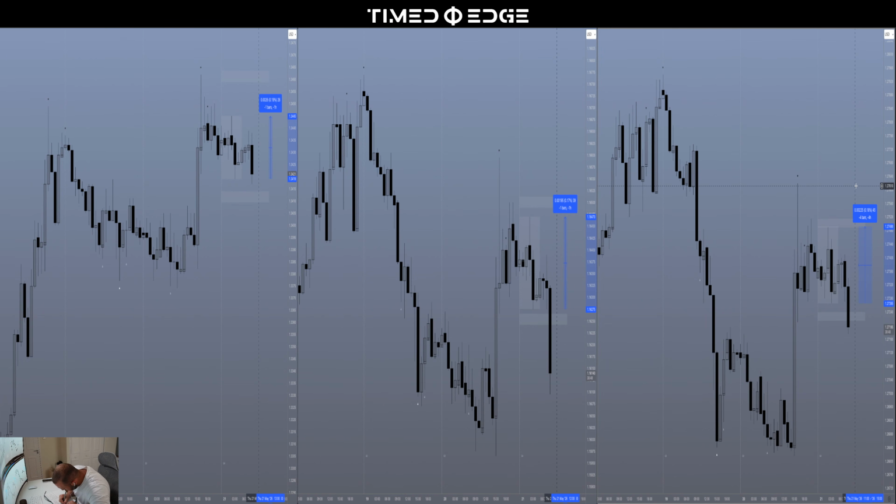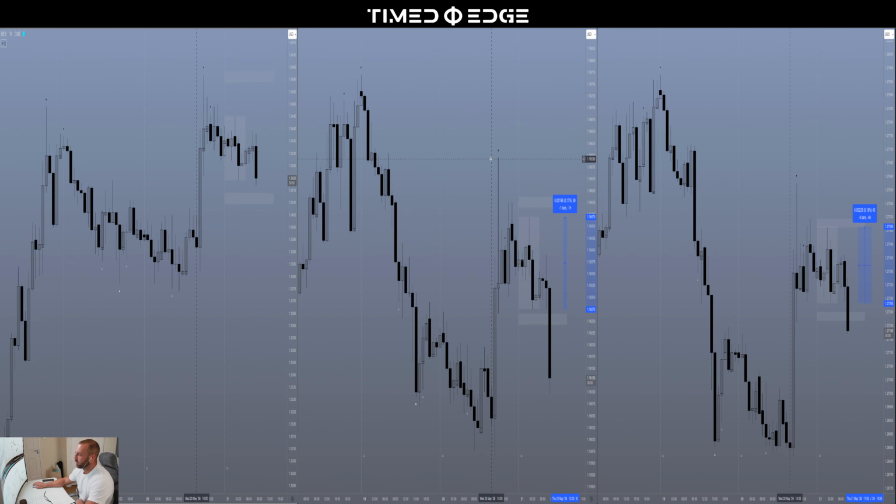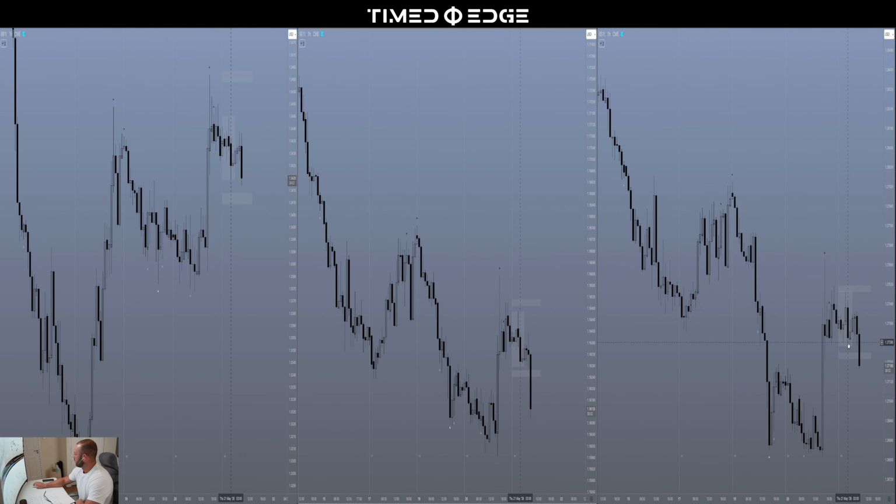So Asia's ranged. Looks like we're going to close through a load of them standard deviations.